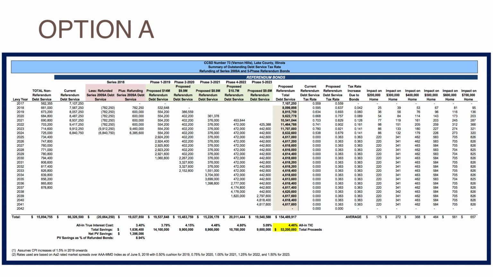It's highlighted in yellow, the all-in true interest cost being 4.46%. And you will also notice the impact on varying values of homes to the right. It is represented from $200,000 to a $700,000 home, and what the impact would be over time.